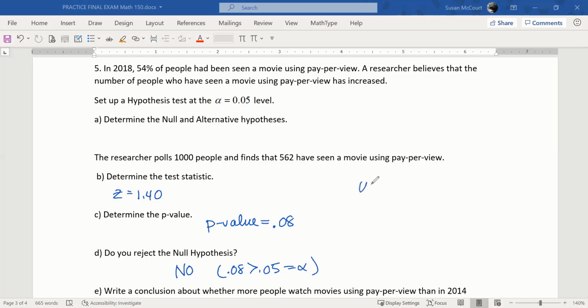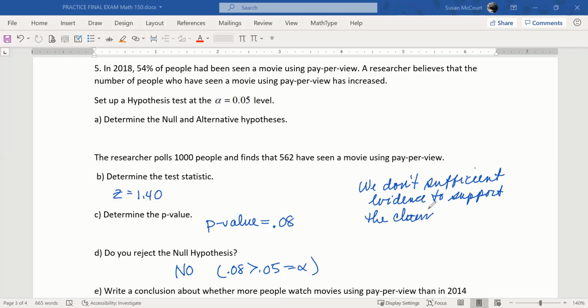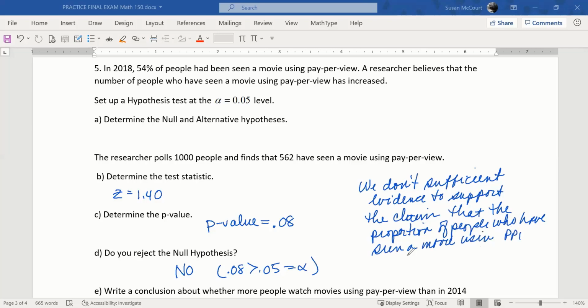So we don't have sufficient evidence to support the claim that the proportion of people who have seen a movie using pay-per-view has increased.